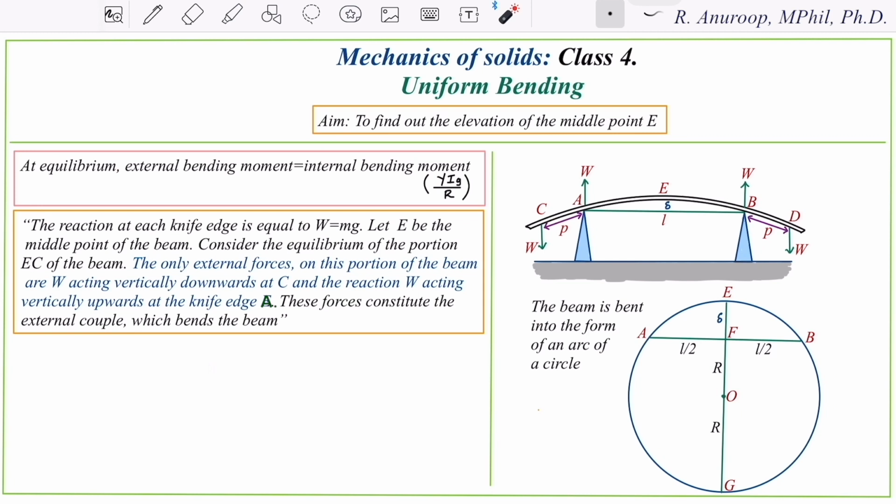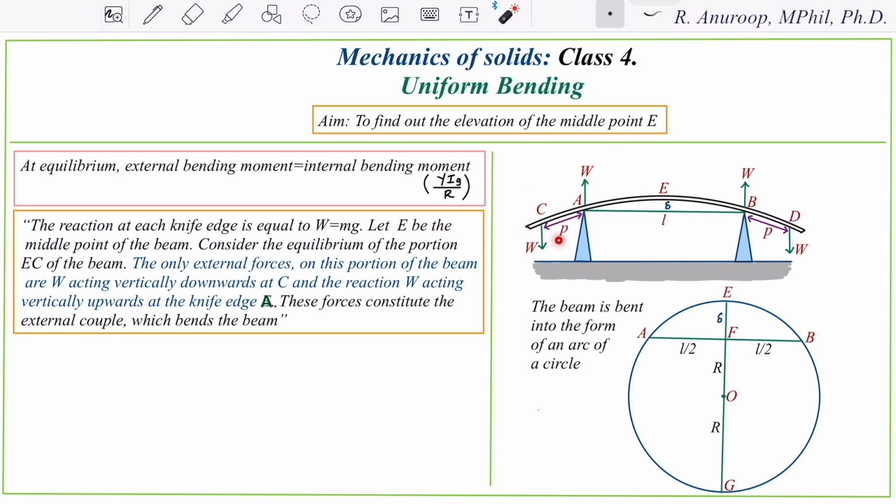What are the forces acting on this section EC of the beam? The only external forces acting in this portion are the weight W acting vertically downwards at C, and the reaction W acting vertically upward at the knife edge.